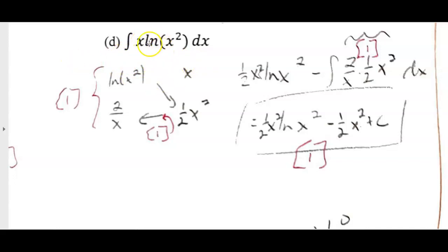You may say, how'd you decide those? Well, whenever I have an ln, I typically want to put that ln on the dir side of my integration by parts. Why do we do that? We do that because I know how to take the derivative of ln. I do not have the integral of ln memorized because we have to use an integration by parts for it. That's not my expectation for you.